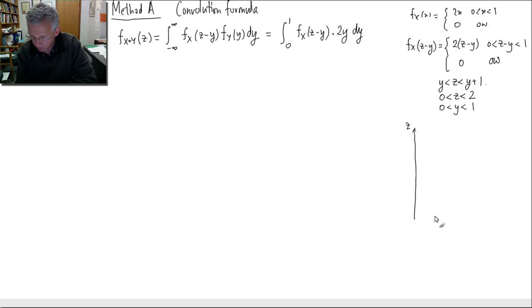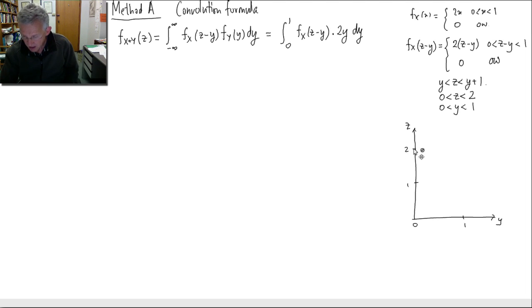I'm going to have a y-axis along here. There's y 0, there's 1, there's 1 for z, there's 2 for z. So y has to be between 0 and 1, z has to be between 0 and 2, so I really have to be somewhere within that rectangle.